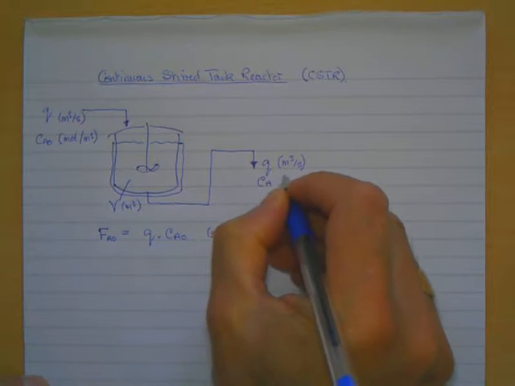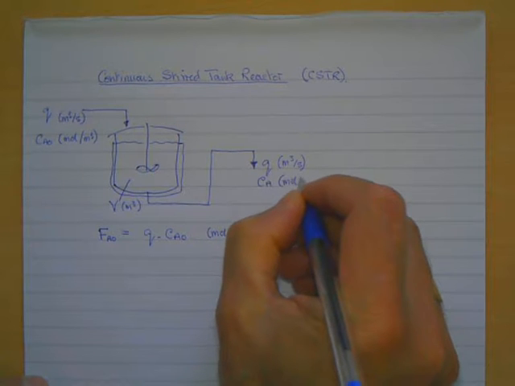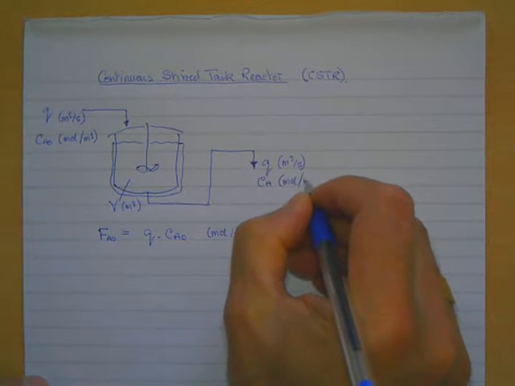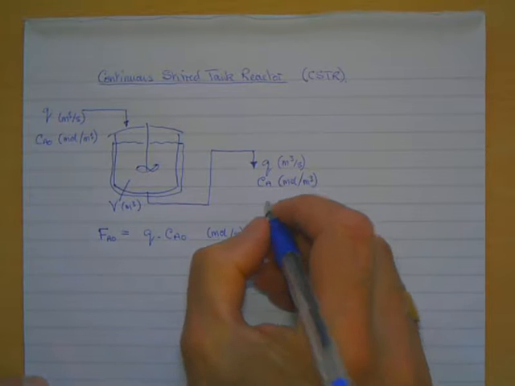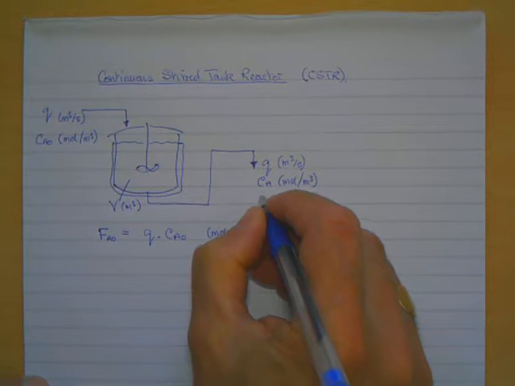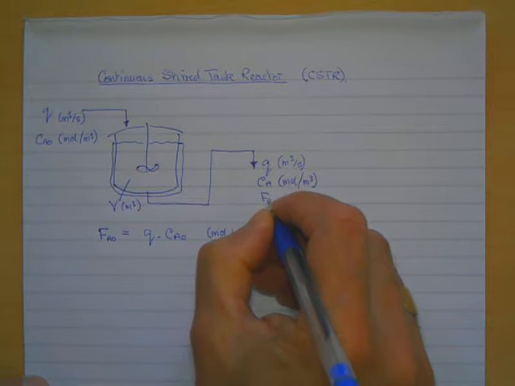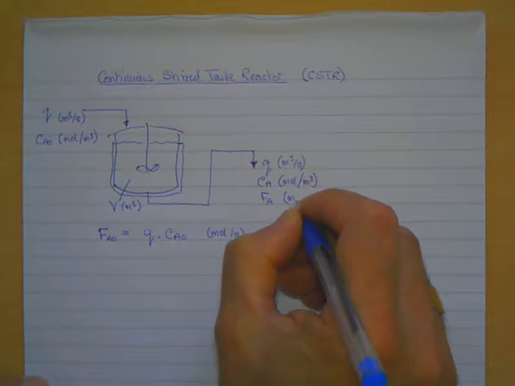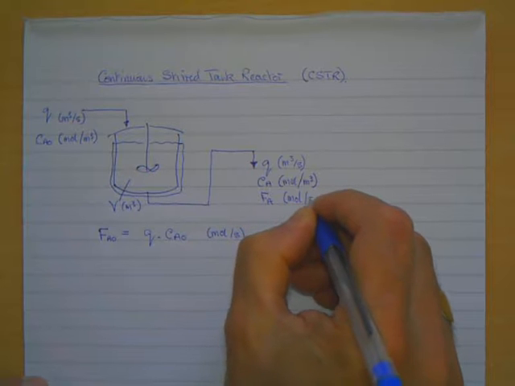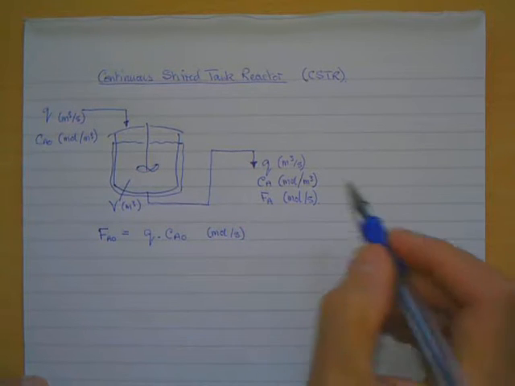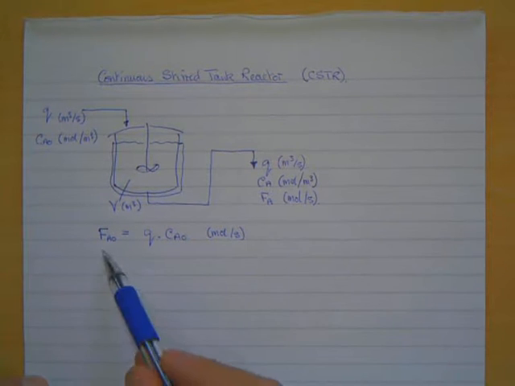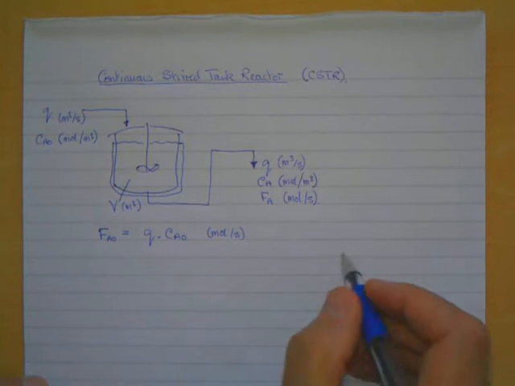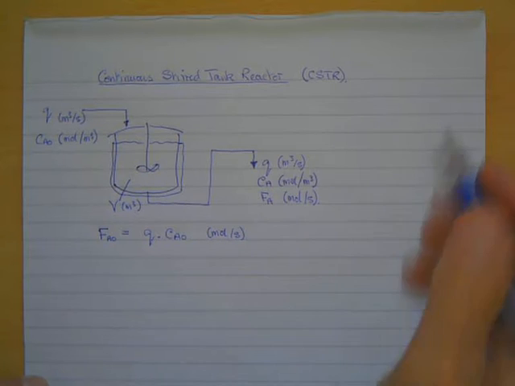It has an outlet concentration of our starting material Ca moles per cubic meter, and again we can have a term for the molar flow rate of component A of Fa moles per second, and Fa is related to Ca and Q in exactly the same way as it was for the input stream. So that's the output stream, that's the input stream.